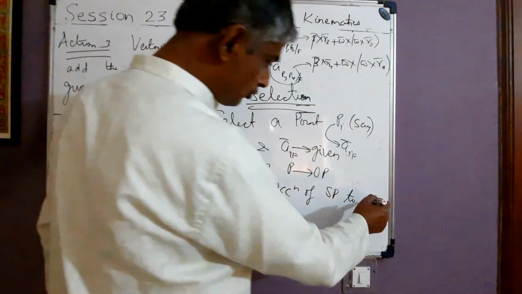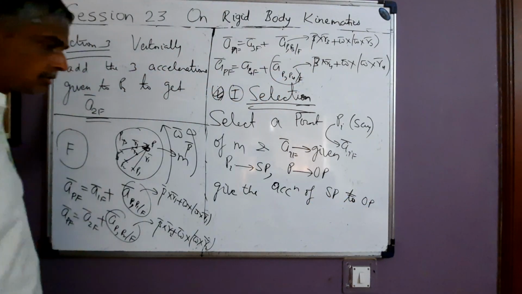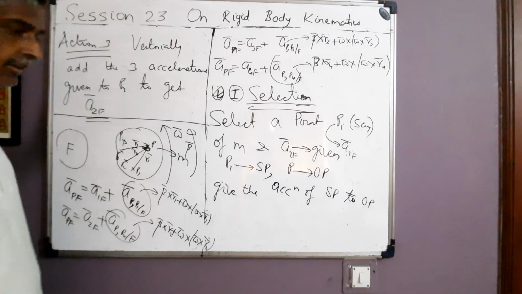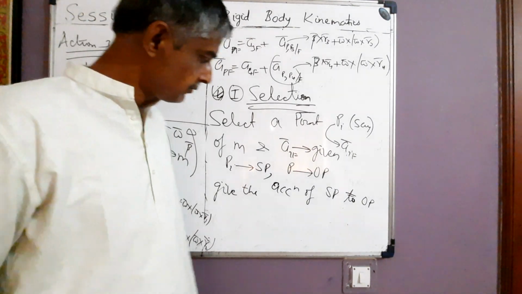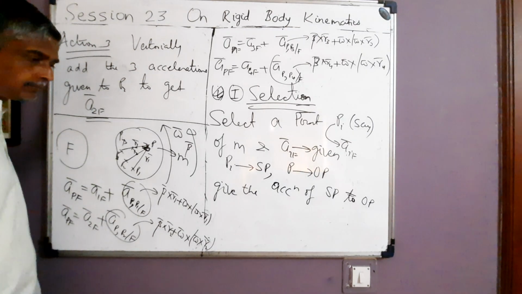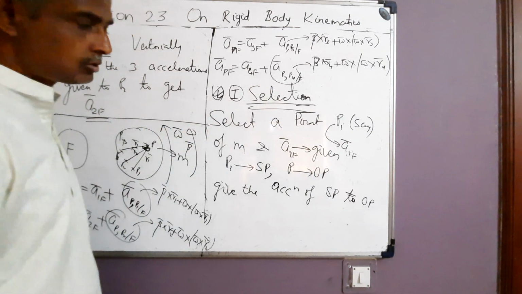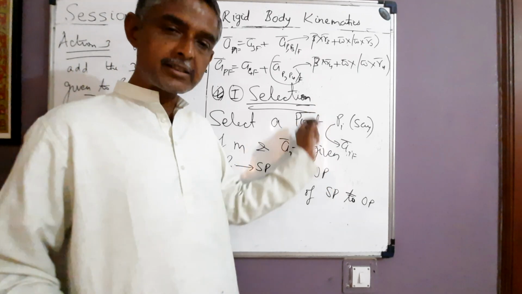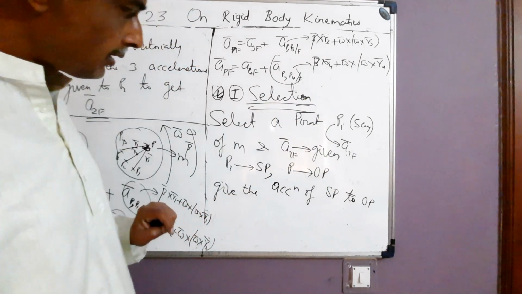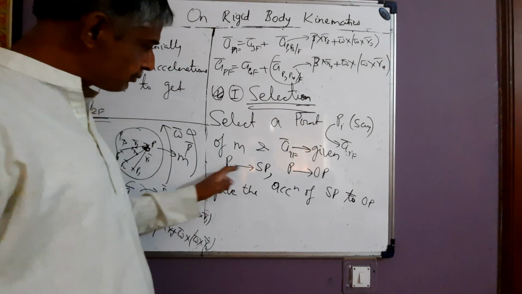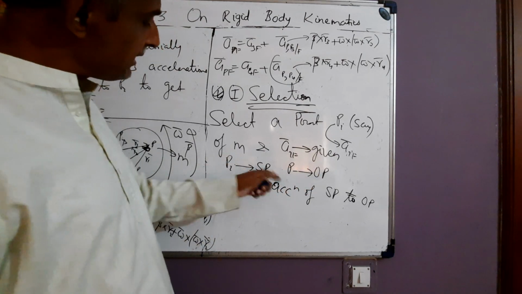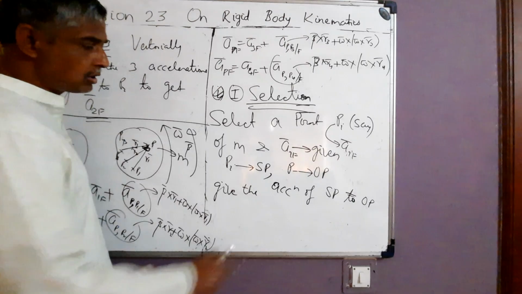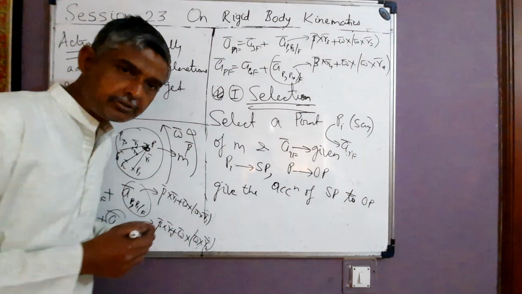This is the first action. So in selection, we have to select a point Pi of M whose acceleration with respect to F is known, and we write SP arrow Pi, OP arrow P, whatever you write, and we give the acceleration of SP to OP. First action is completed.